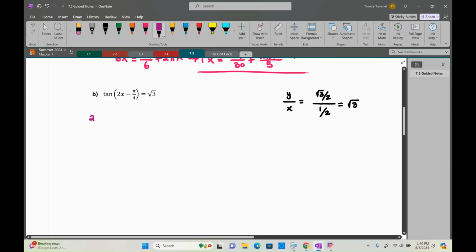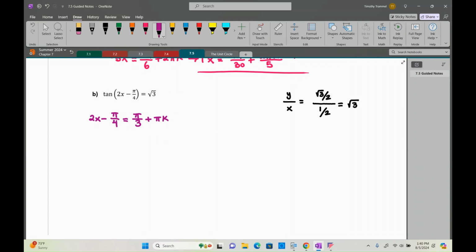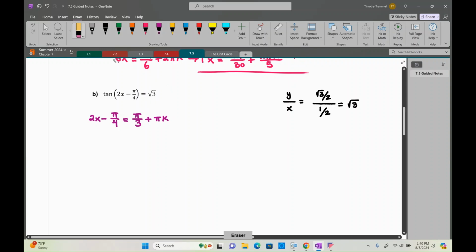We want this 2x minus pi over 4 to be equal to pi over 3, because that would make tangent equal the square root of 3. But also, tangent does have a period of pi. So if I add pi k to this, that will create a new angle that will make tangent equal to the square root of 3.